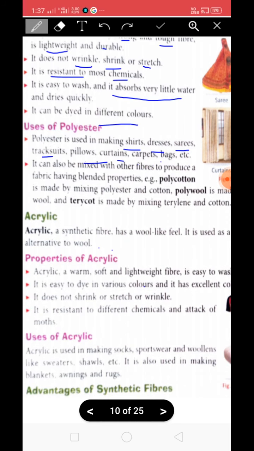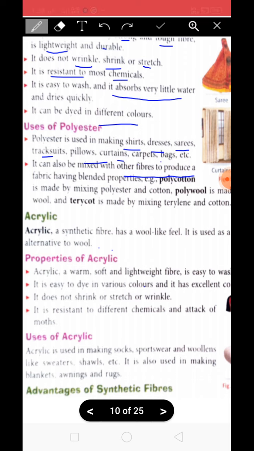Now, next is that it can be mixed with other fiber to produce a new kind of fabric, which is known as blended fabric. As we are mixing more than one kind of fiber, obviously every fiber will have its own property. So when we are blending these fibers, both qualities will be carried to the fabric. Understood?